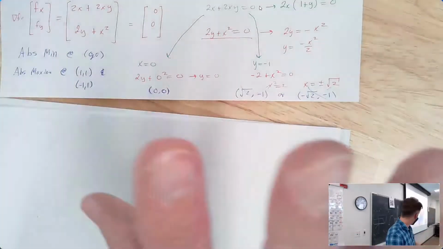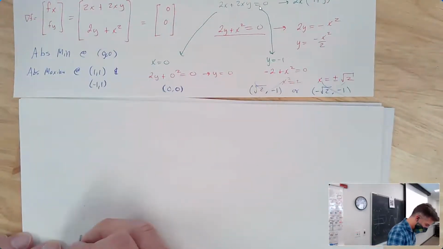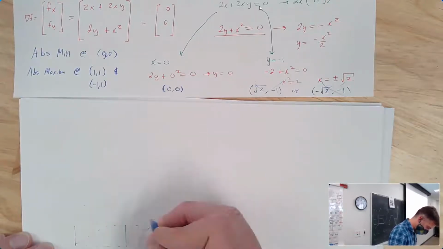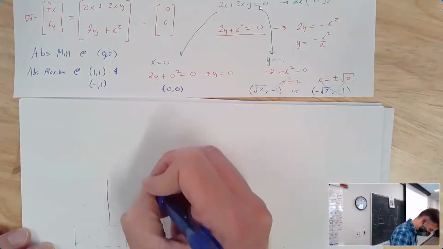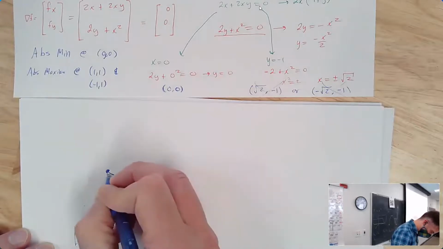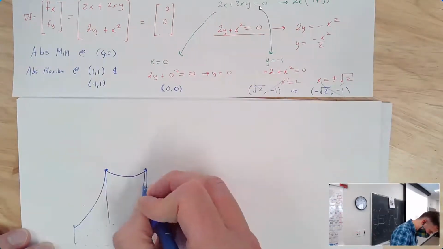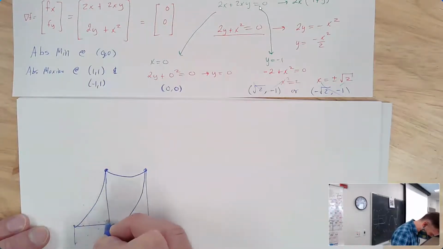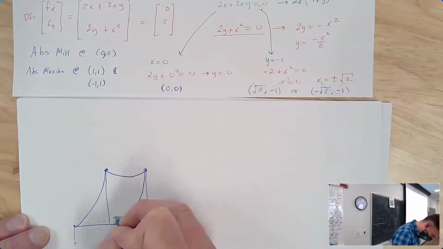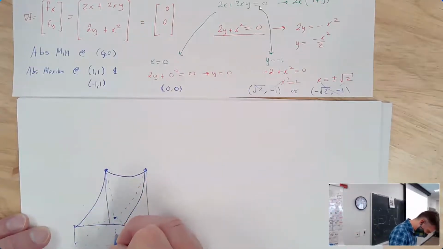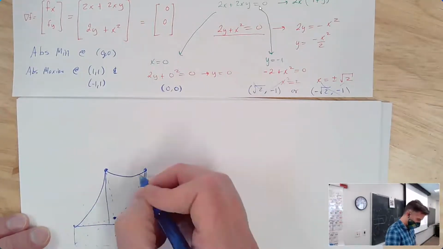If we lean this back a little bit, this is not perfect, but it might look something like that, where this point here is lower than all the rest, and these points clear the height.